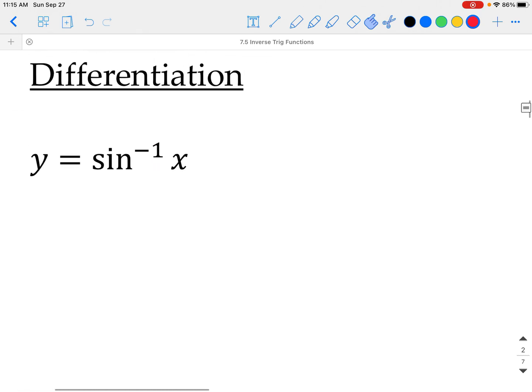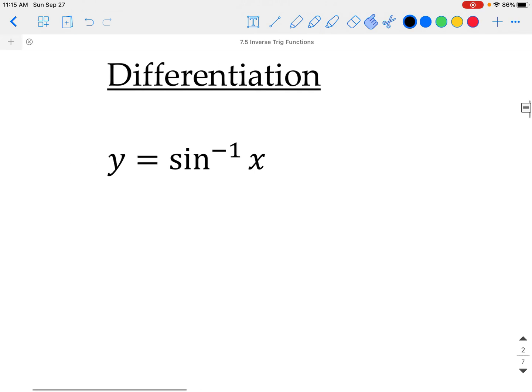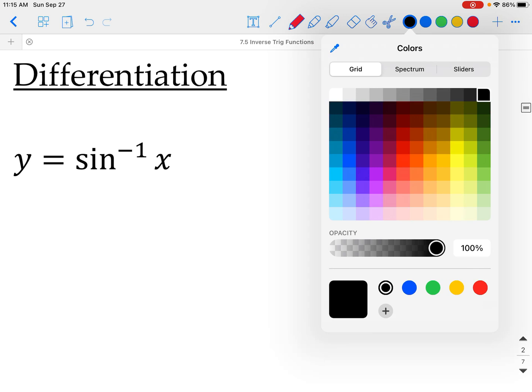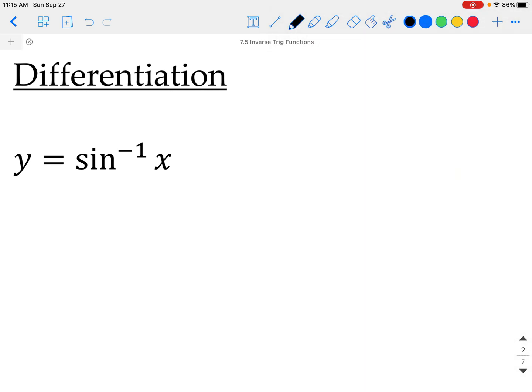Again, what we're going to want to do is draw a triangle that would be on our unit circle, but we can just draw the triangle itself if we wanted to. If we have arcsine of x, that means our angle measure is going to have an opposite over hypotenuse relationship of x over 1, since that is just x.